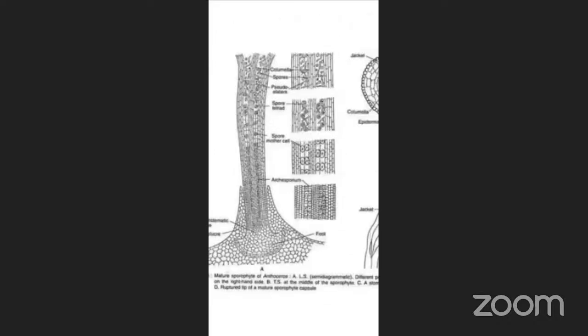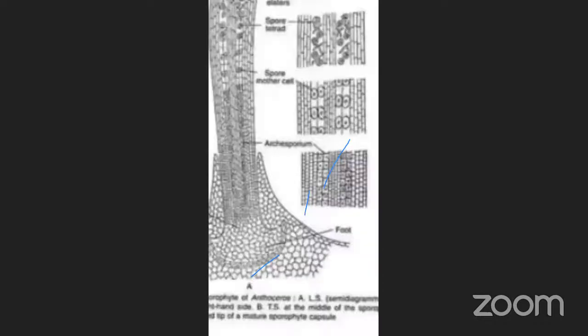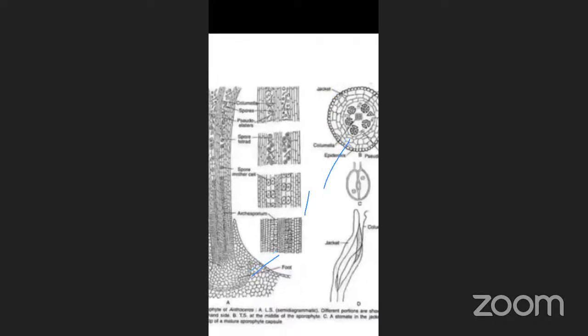Centrally, the columella is there, made of around four to five cells of sterile tissue. Beside the columella, there is a fertile sac. Okay, the fertile sac is present.